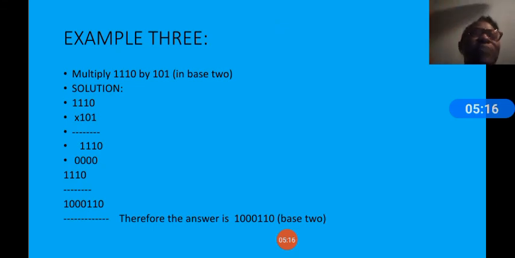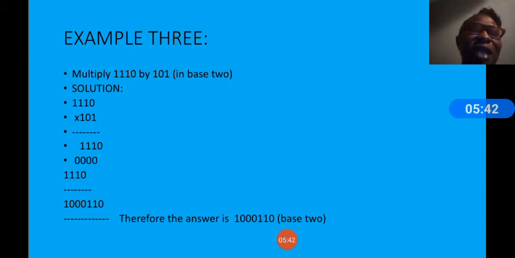Let's take multiplication in example 3. It says multiply 1110 by 101 in base 2. Solution: 1110 times 101. If you multiply with 1, you will have 1110, because 1 into 0 is 0, into 1, 1, into 1 again, 1, into 1, 1.